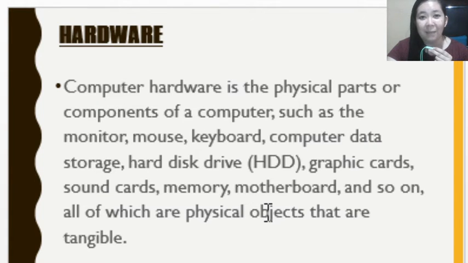Everything that can be touched, that has a physical feature, is considered to be computer hardware, the components of a computer system. All of these are physical objects and, as mentioned, are tangible.